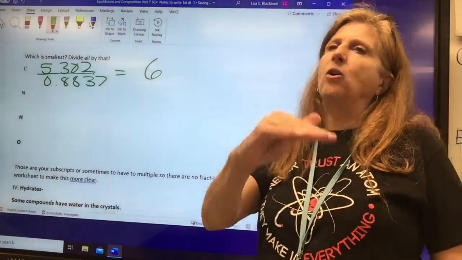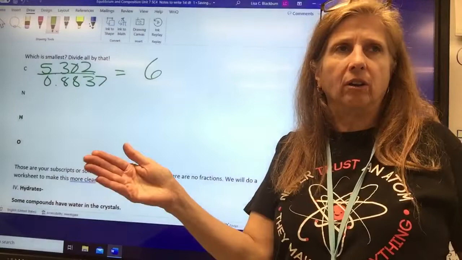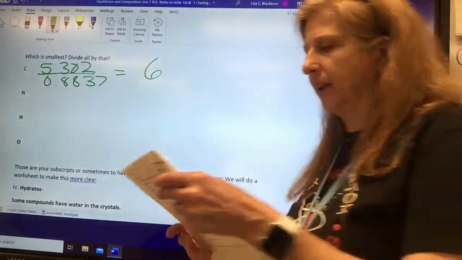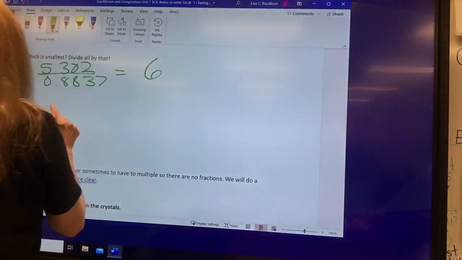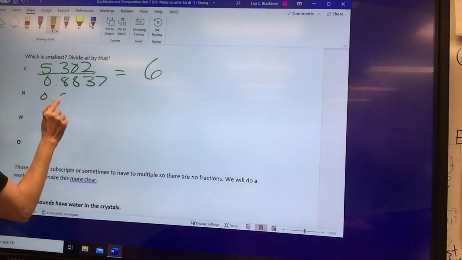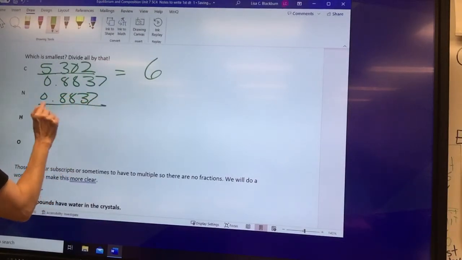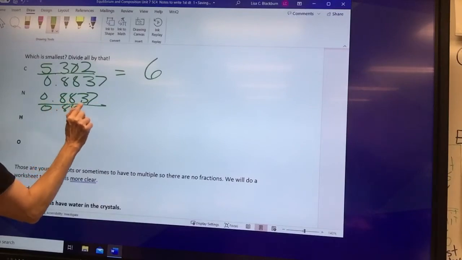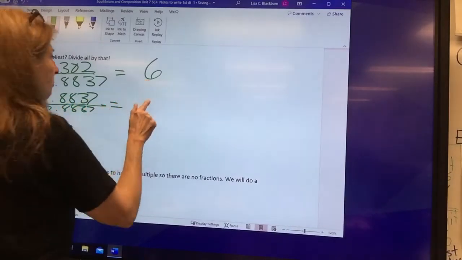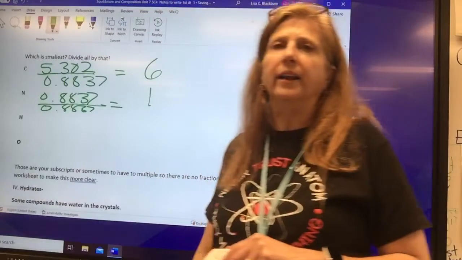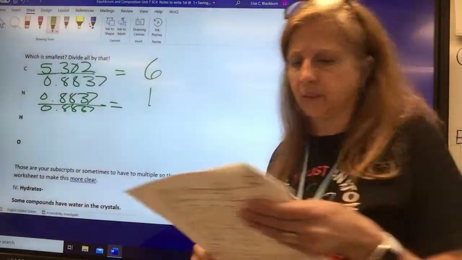Round it to a whole, a half, or a third. Okay? Everybody got that in your head? Okay, so then the next one, we do 0.8837 divided by 0.8837. And your smallest one will always be 1, because anything divided by itself is 1.